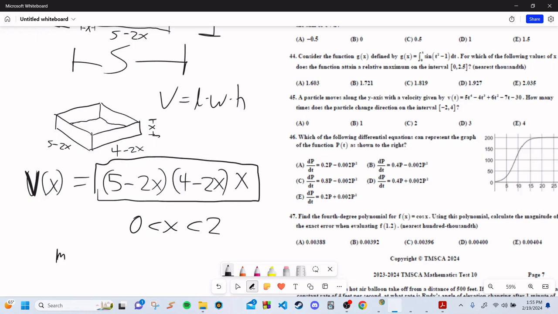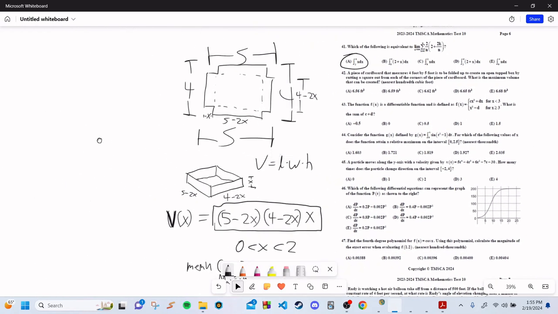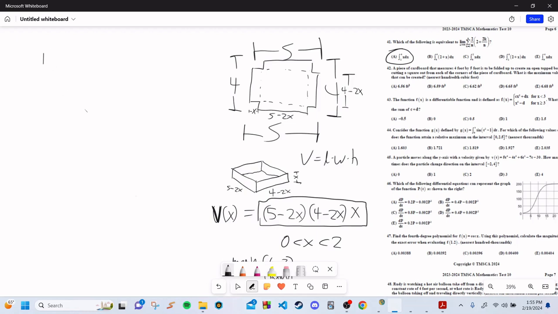We're going to go menu 6, 3. So we're going to find our maximum. This is the function on the calculator that lets you find your maximum. So what it should look like once you graph it should be something like this.